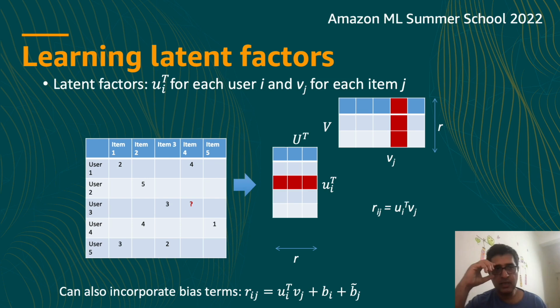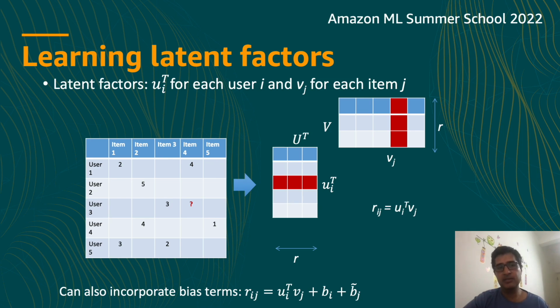Now let's come to the discussion on learning of these latent factors. Think about it this way: you're given a problem of user cross item interaction, right? Essentially the users have bought certain items, and let's assume that this is the interaction matrix that's giving you an idea of the rating that a user has given a particular item.